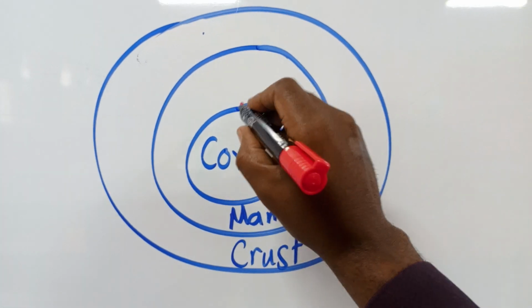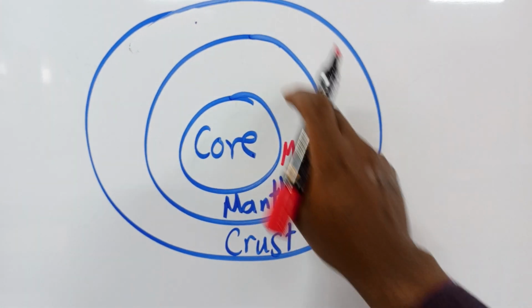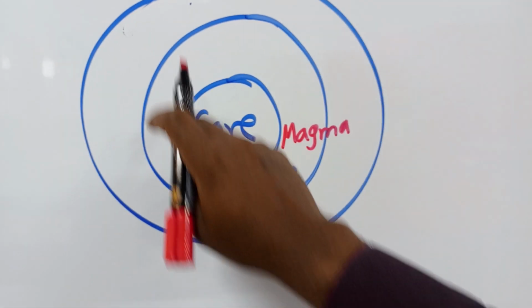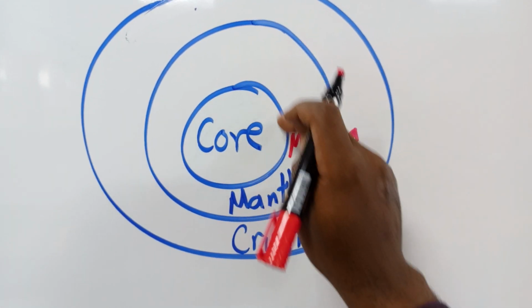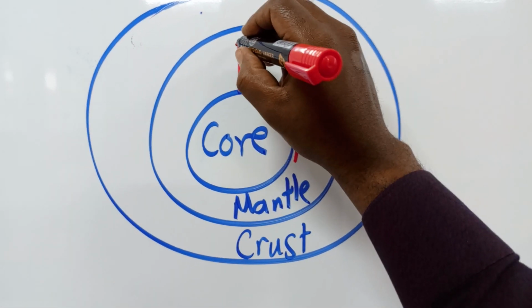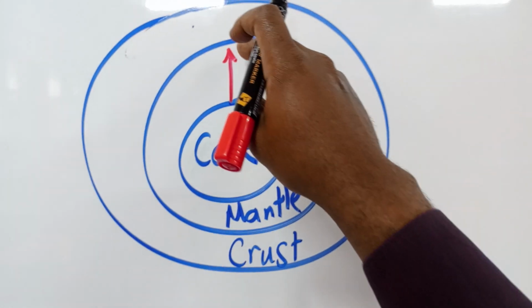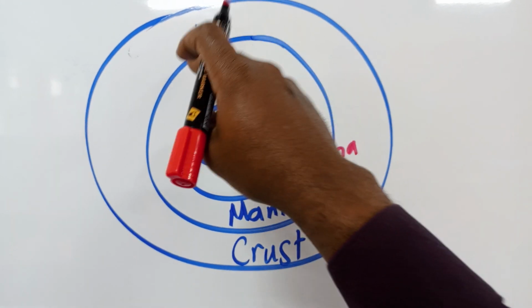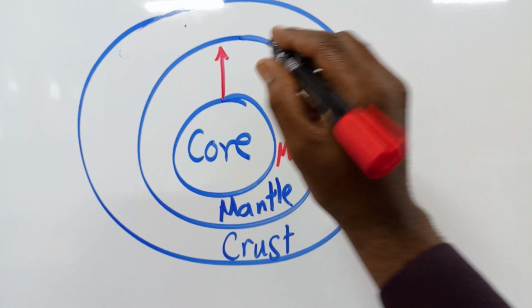semi-molten. So what happens is that this magma located here, the semi-molten materials, are heated around the core and they are forced to rise up, reaching here to the boundary between the mantle and the crust.